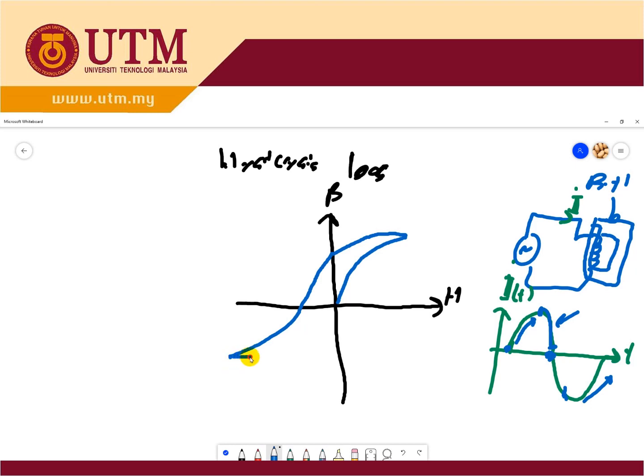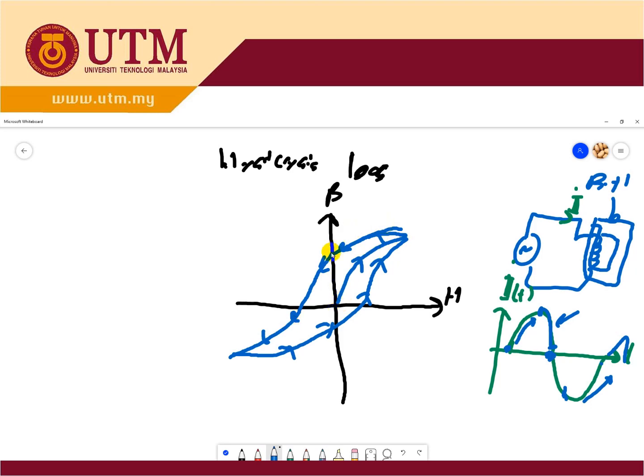So basically something like this, and then something like this. So we move on, but then it will start again. When we start again, it will go into this path, it will start like this, and move like this.